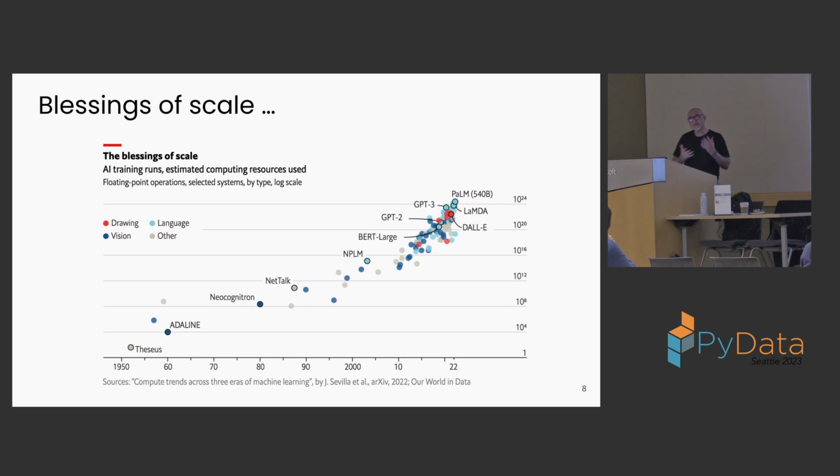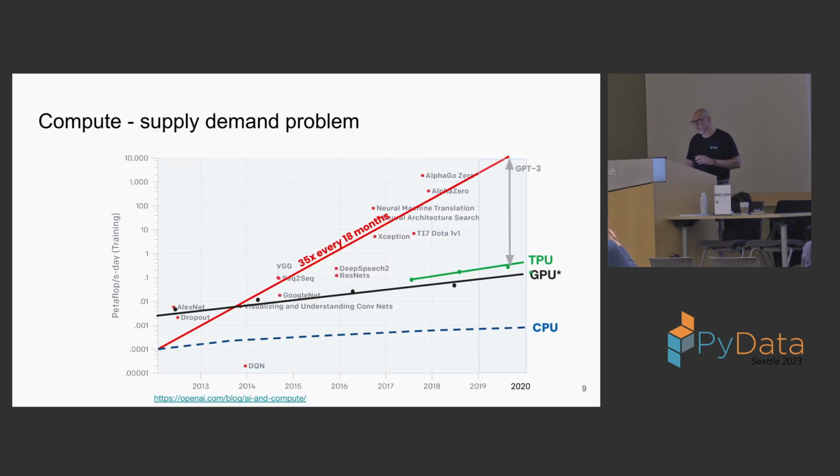But these blessings of scale also introduce another problem, which we call supply and demand. Now, we know that Moore's law is dead. Rest in peace, he passed away last week. And we can see that the GPU somehow was meeting some of that demand, and hardware accelerators like the TPU met that demand.